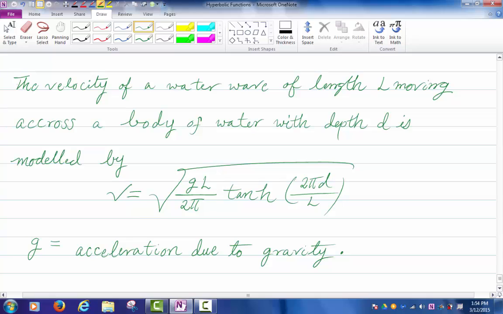And here, of course, g is acceleration due to gravity, and all the other terms are defined. Now, again, just to show you that these functions are studied not just because of mathematics, but because there are lots of applications that involve these functions.